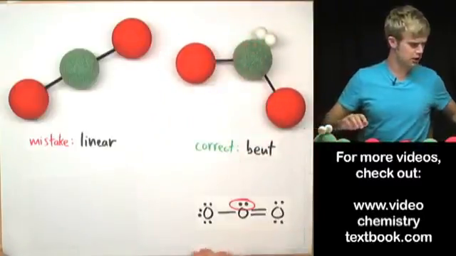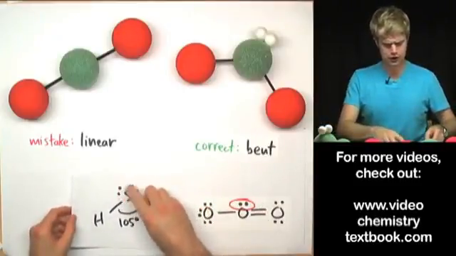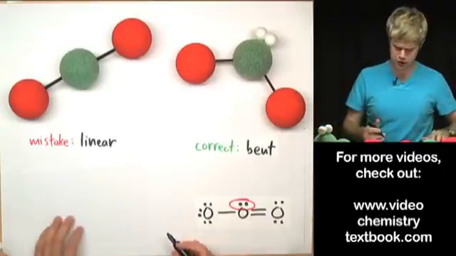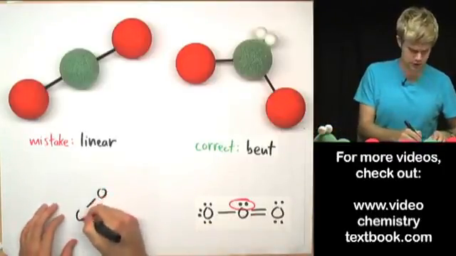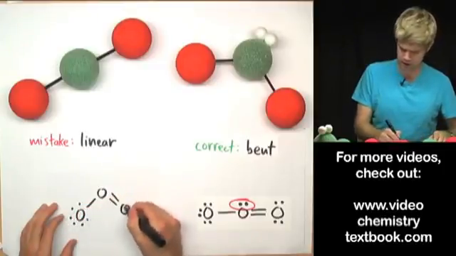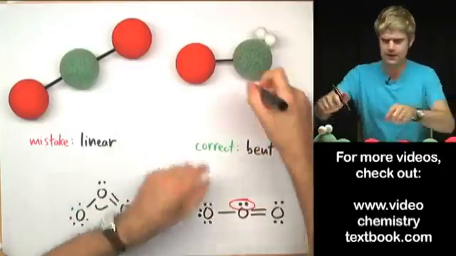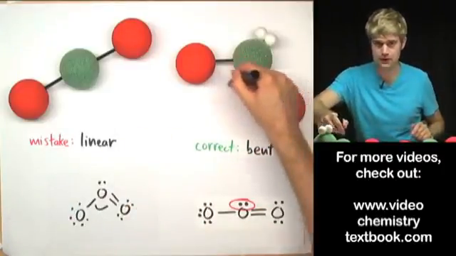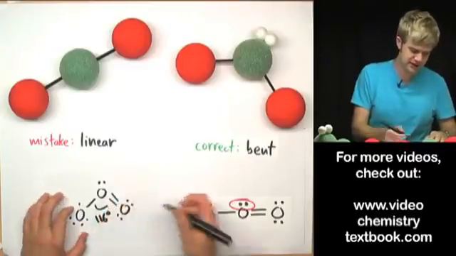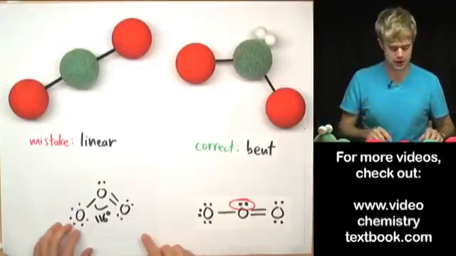We saw a minute ago that when you have two unshared electron pairs pushing, you have an angle of about 105 degrees. It turns out that if I were to draw this Lewis structure so that we could actually see the shape a little bit better, the angle between these two bonds would be about 116 degrees, kind of between 116 and 118, a little less than 120.